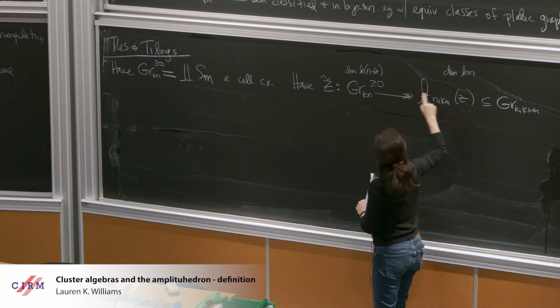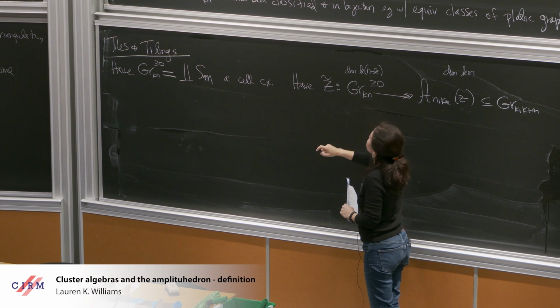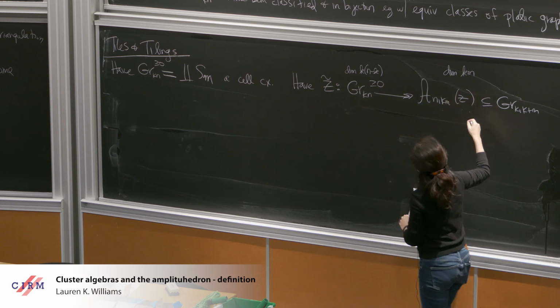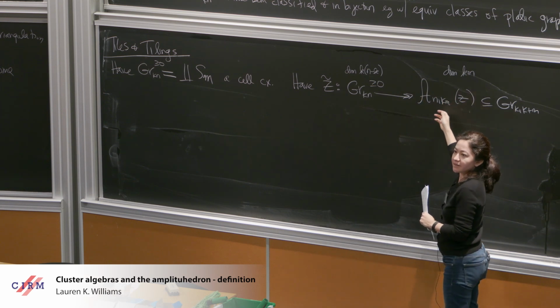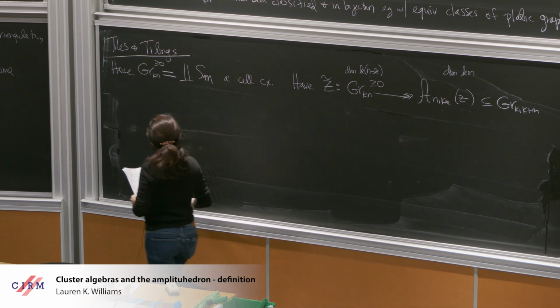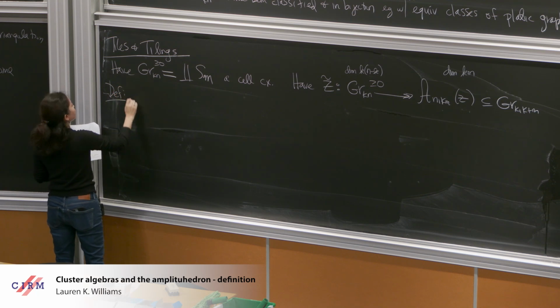So what we want to do is find a collection of k times m dimensional cells here, such that Z tilde is injective on those cells, and such that the images of those cells fit together nicely to tile the amplituhedron. So let me make some definitions.